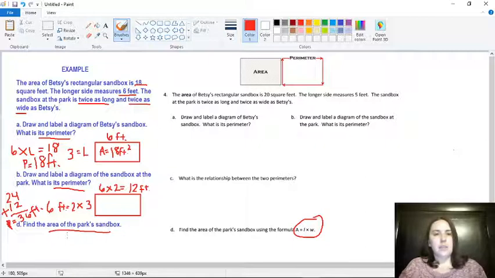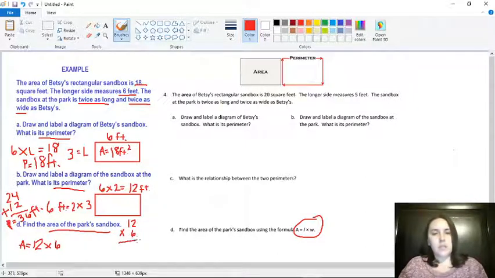Now we need to find the area, which is D. I'm going to skip C for just a minute. To find the area, we're going to do length times width. So we have 12 times 6. If you don't know how to do that in your head, you might have to write it off to the side vertically.